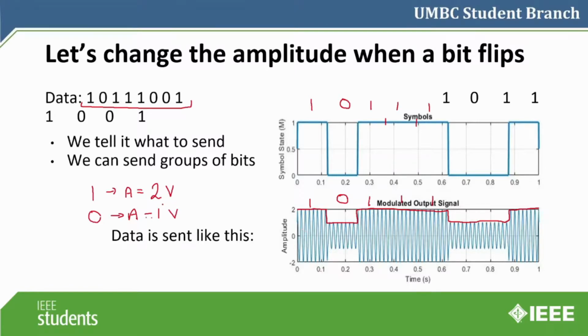Now, we don't typically use 0 volts as a transmission. So we don't say, when we want to transmit a 1, we use 1 volt, and for a 0, we use 0 volts, because no wave at all isn't necessarily that we're receiving a 0. It could mean that we're not receiving a signal at all.